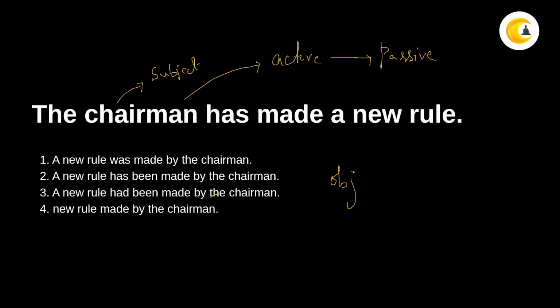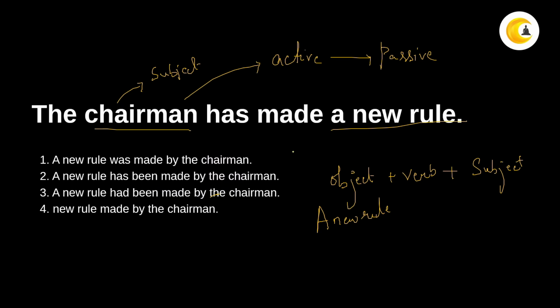Passive says first the object, then the verb, then the subject. What is your object? Your object is a new rule, right? What is your subject? Chairman, or to be very precise, the chairman, right?